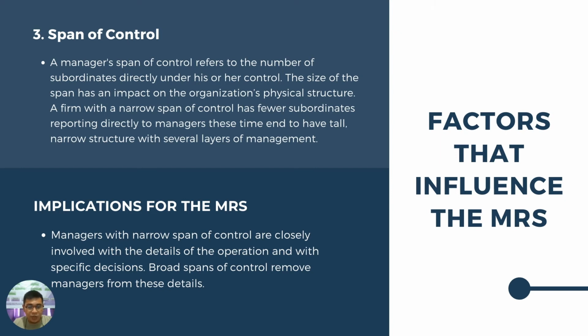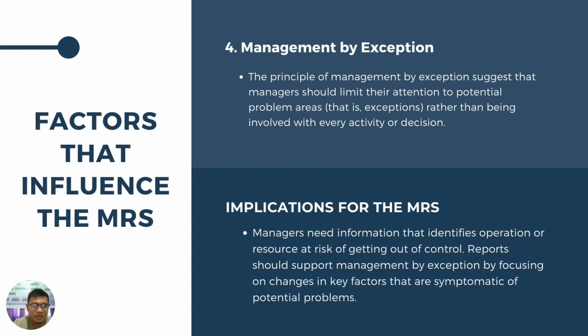The different management approaches require different information also. Managers with narrow span of control require detailed reports, and the managers with broad control responsibility operate most effectively with summarized information. And now let's proceed to the management by exception.